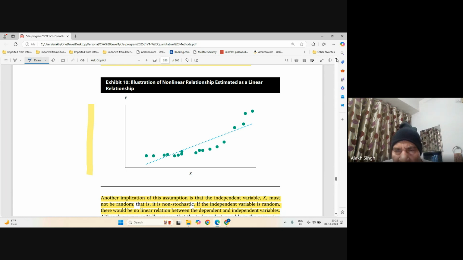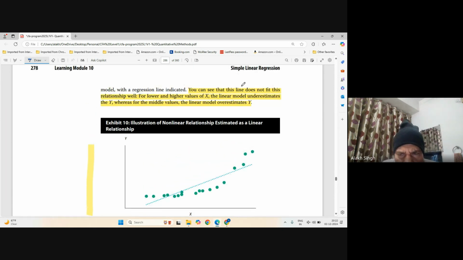So you can see that this line doesn't fit this relationship well. For lower and higher values of x, the linear model underestimates y. So here y is being underestimated for lower values of x, and here y is overestimated, meaning y hat is above this.